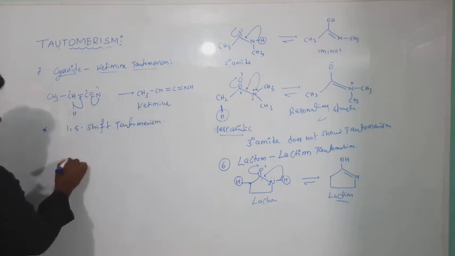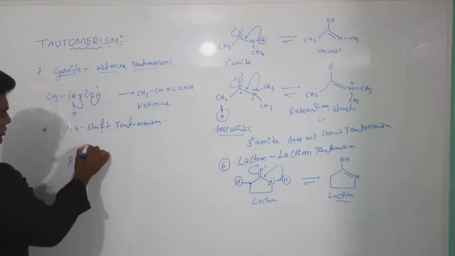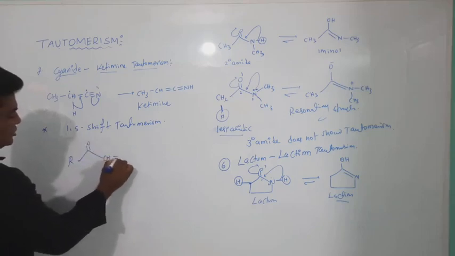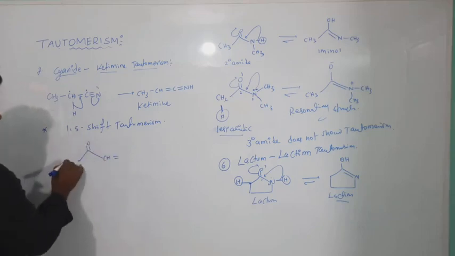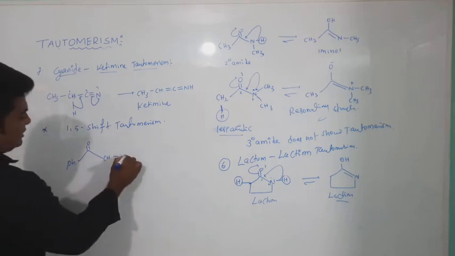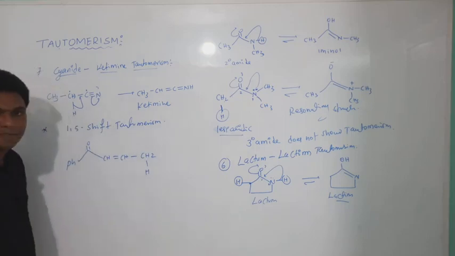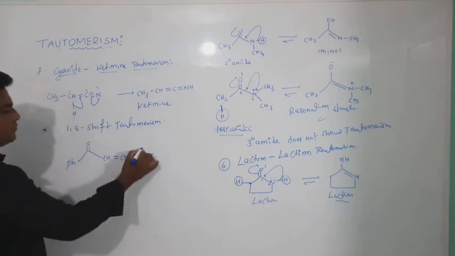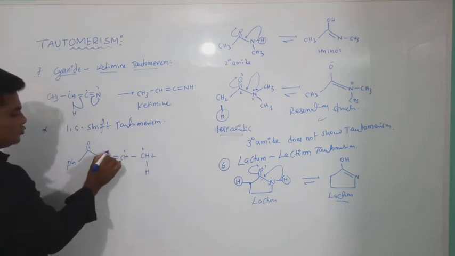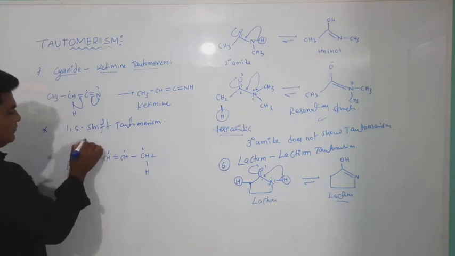Suppose here we have this R, now this is C double bond O, CH double bond. Instead of R, write Ph here, benzene. See here, CH, then CH3 and CH. Now the numbering is 1, 2, 3, 4 and 5.